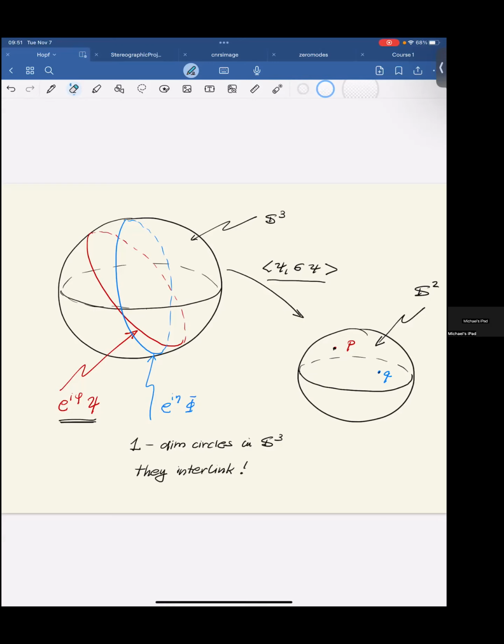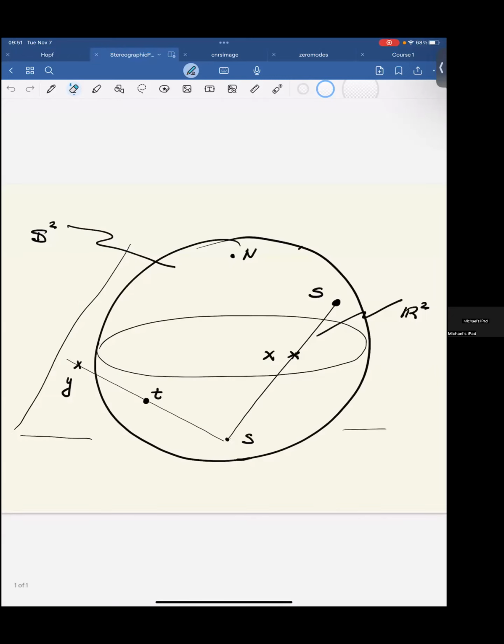It's a little bit hard to visualize how this circle should look like. And there is a nice picture. Let me show you one. You use the stereographic projection, right? Maybe you remember that what you do, you take the sphere and you take a plane, and the plane, if you like, is attached, it cuts the sphere in the equator.